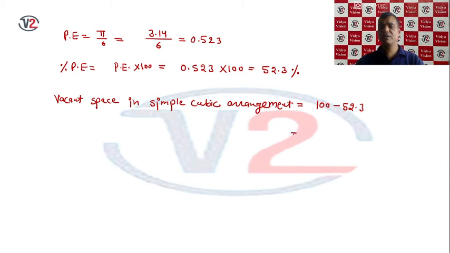Then we get 47.7%. So it is 47.7%. Is it clear to all of you? So the vacant space and the packing efficiency are as given.